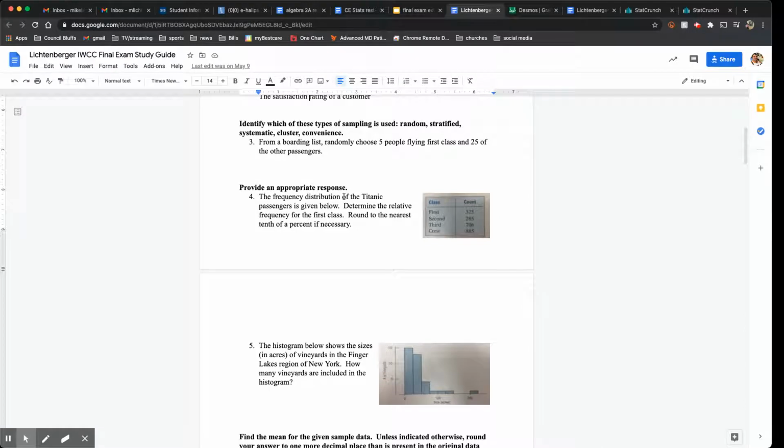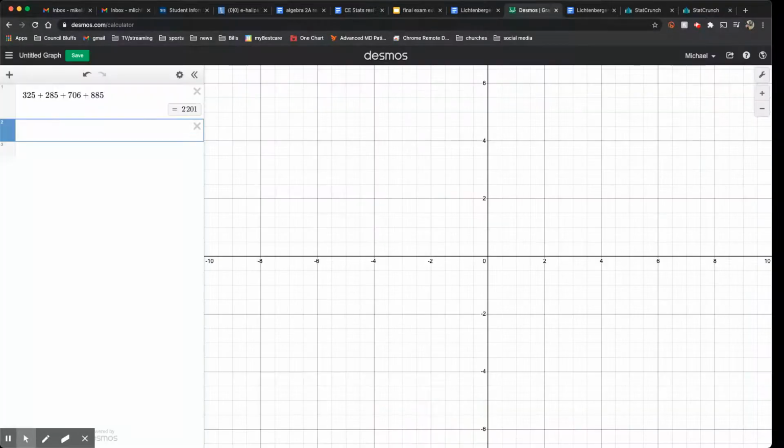All right, and we wanted the relative frequency for first class. So what that means is what percent of all passengers were first class? So that's 325 out of 2201. And as a percent, that would be 14.8%. Remember, we moved this decimal over.